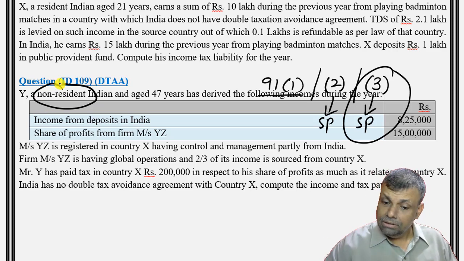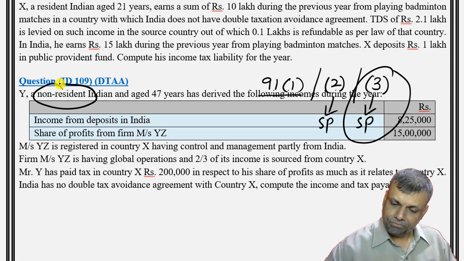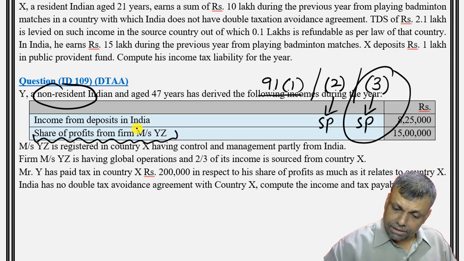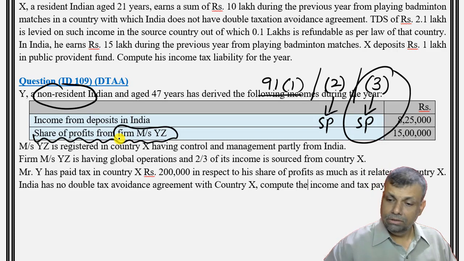I repeat, this particular question is based on a specific situation where the assessee is a non-resident and has some transaction with a country with which India does not have any agreement, and this gentleman has got a share of profits from a partnership firm, Messrs YZ. And this is one of the very unique features, that is 91.3.